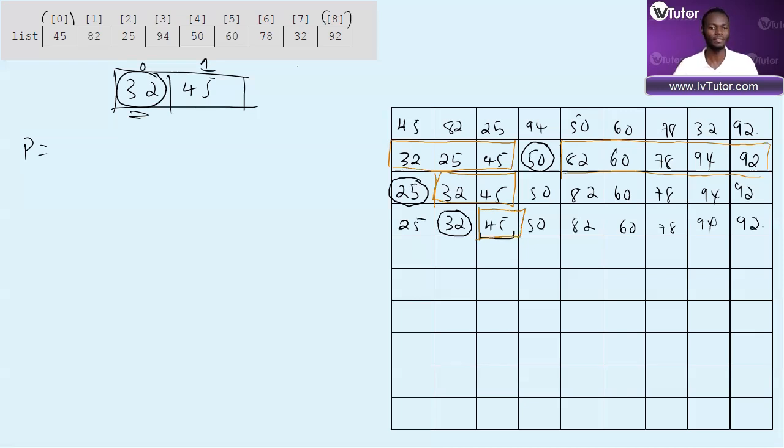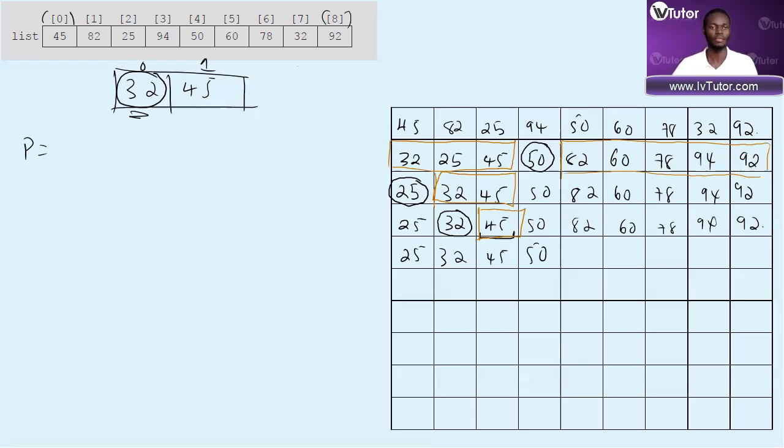Now we're going to apply the quicksort algorithm on this right sub-array that we have not yet partitioned, which means your left side is going to remain exactly like this. You're always going to have your 25 here, your 32 here, your 45 here, your 50 here. But now the focus is on the right sub-array. And we apply again the quicksort algorithm.